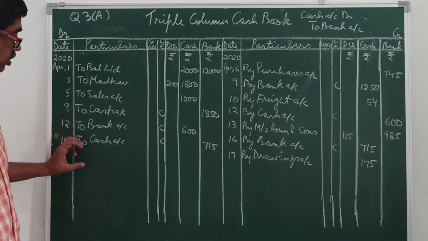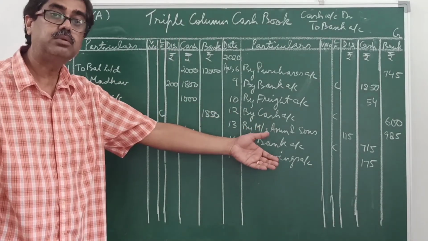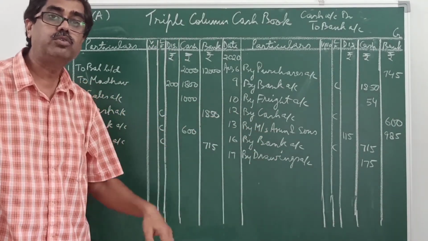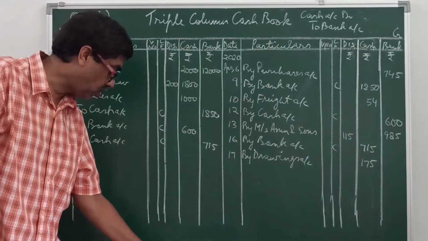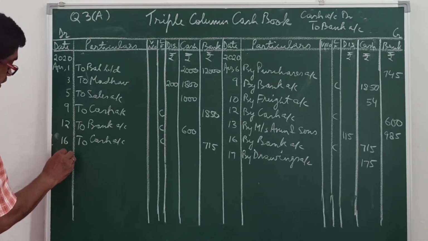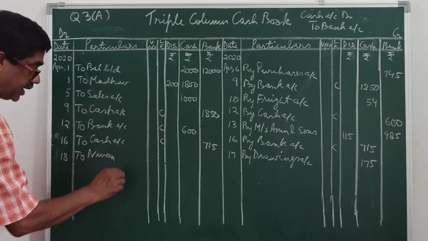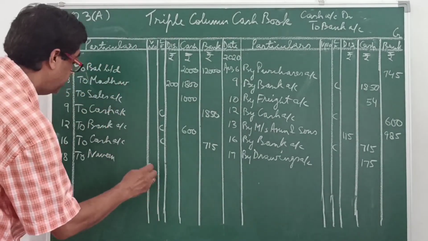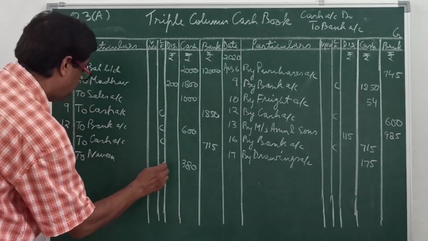So it will be to Naveen in the cash column. And later on when you deposit the check into the bank, we pass a contra entry. So on 18, the check was deposited next day. It is treated as a cash transaction. To Naveen in the cash column, the amount will be 380 and a discount allowed of 20.